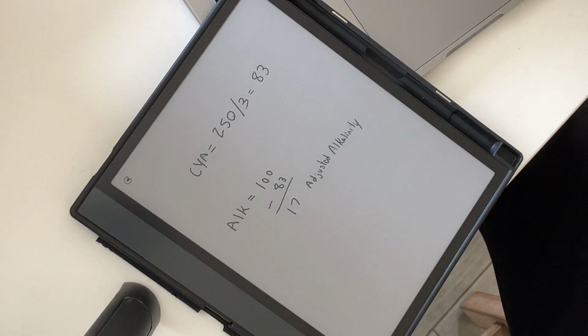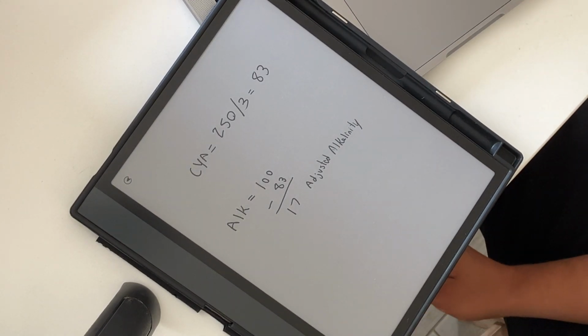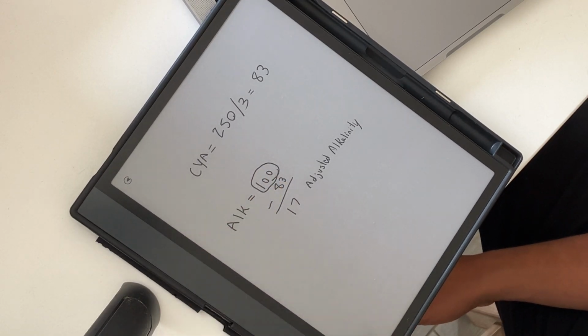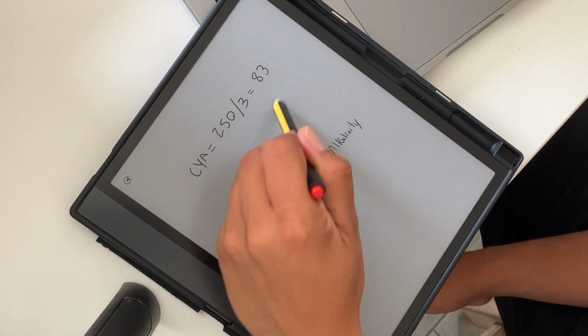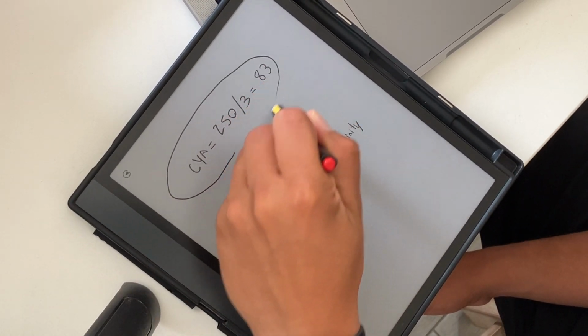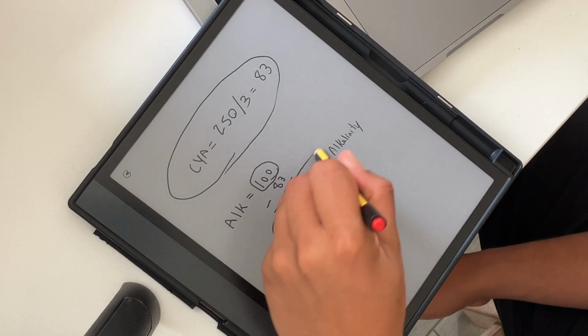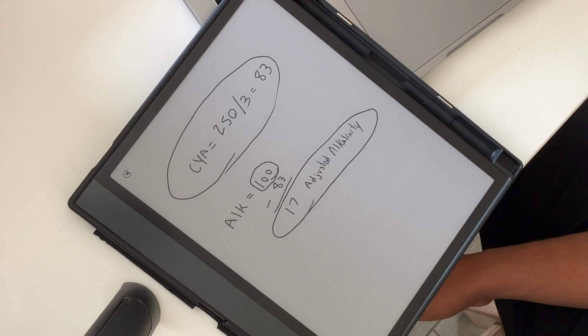So now, looking at this, you can understand why our pH is so low. We were going off this number here, which would normally look okay, but with our CYA being this high, we see that the true alkalinity here is 17, and that's why our pH is where it's at.